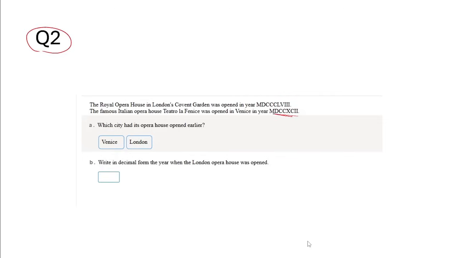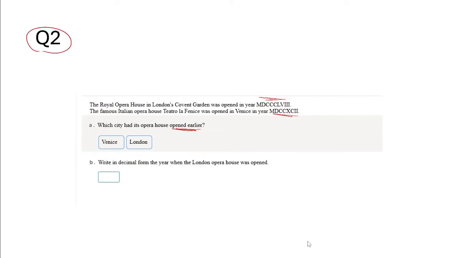This is something called Roman numerals. The question is, which city had its opera house opened earlier? To solve this question, you have to be aware of Roman numerals and how to convert them to decimal.